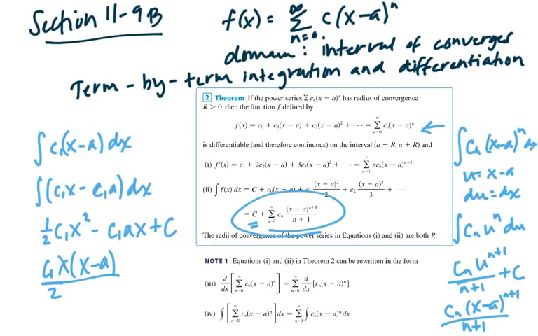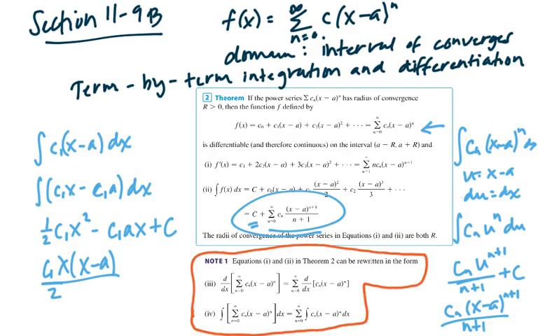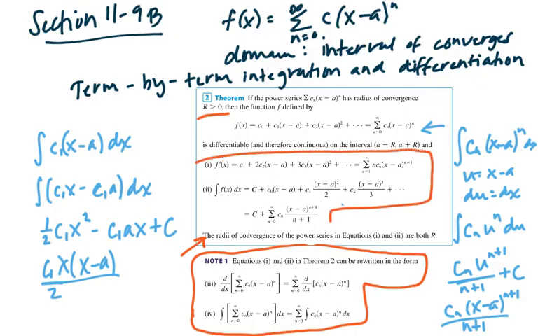And if we go back one slide, you can see the notes down here at the bottom. It says note 1. You can write it of that form, and we kind of already summarized them, so you've already got it. But the important thing to note is at the bottom of this theorem, it says the radii of convergence of the power series are both r. Because we had a radius up here, the radius works the same for the derivative and for the integral.